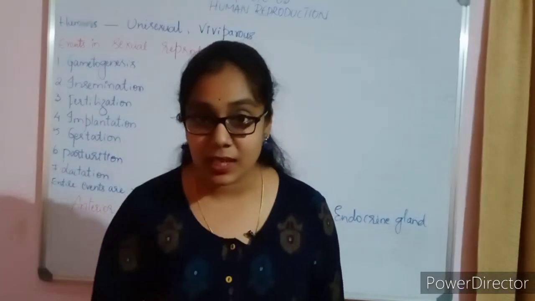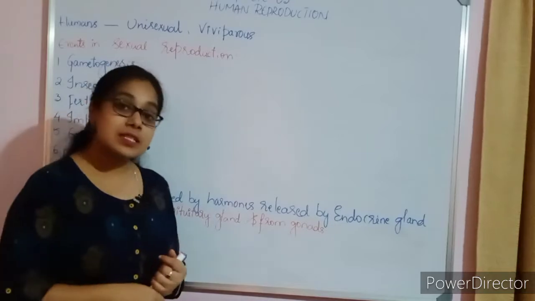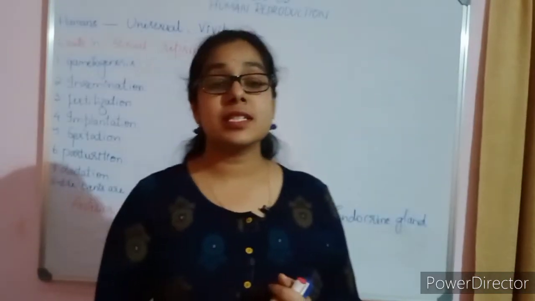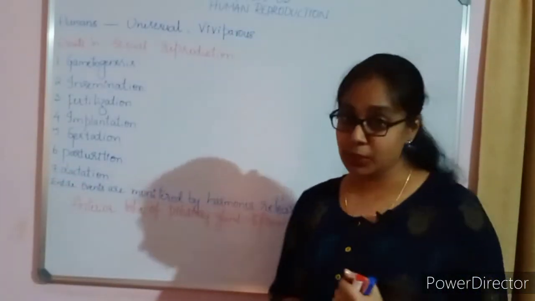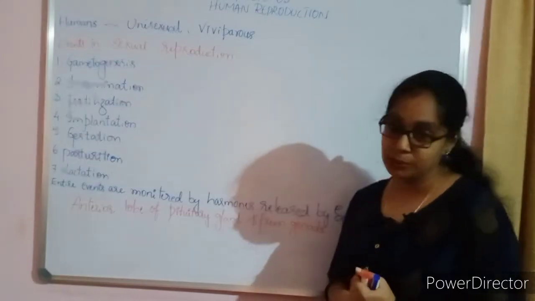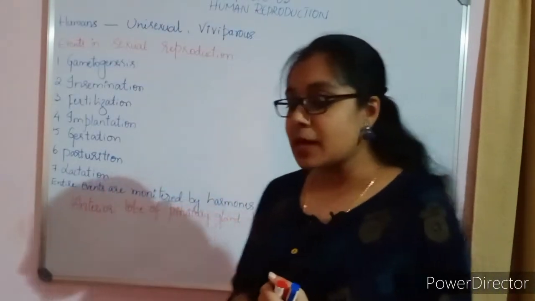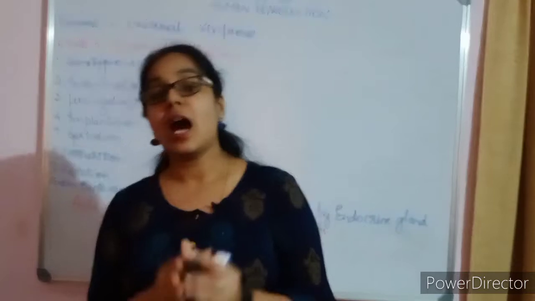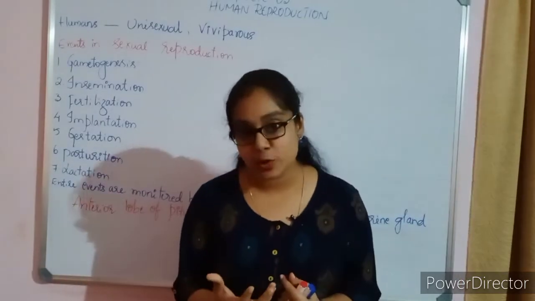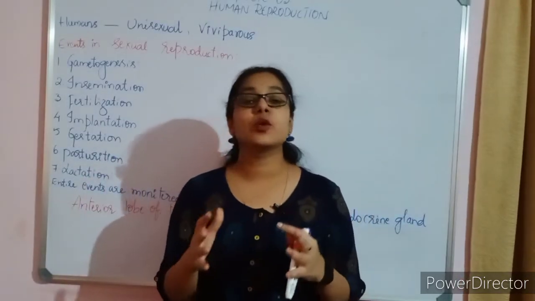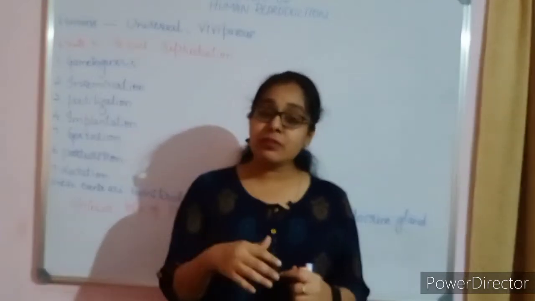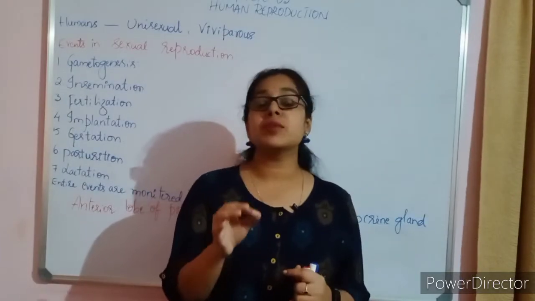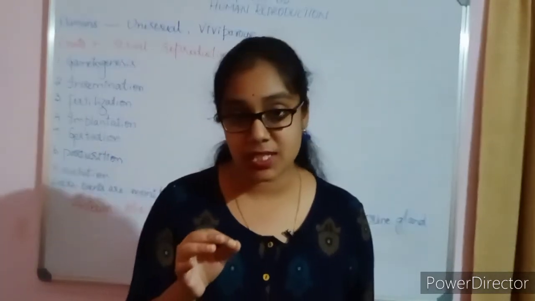So this is Chetana. Today I am here to discuss with you chapter 3 of second PU, that is human reproduction. In this chapter you are going to study how the process of reproduction takes place in human beings. We are going to start from the process of gametogenesis.